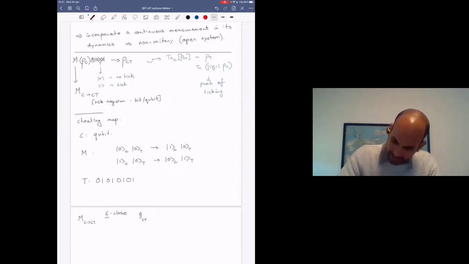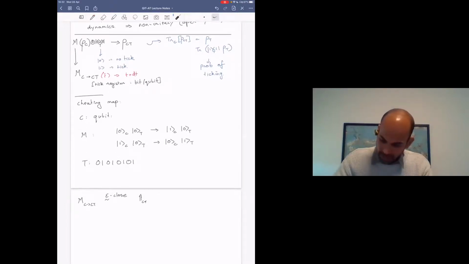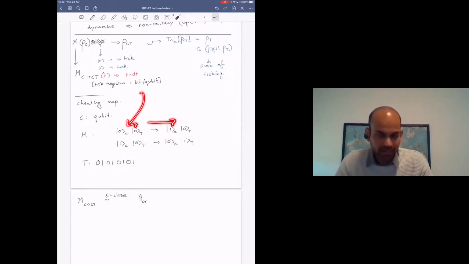Exactly. Yes, indeed, t to t plus dt. Which is why it cannot be this map, because this map actually changes the state to a completely orthogonal state, and you cannot do this in time dt unless you have a diverging Hamiltonian.